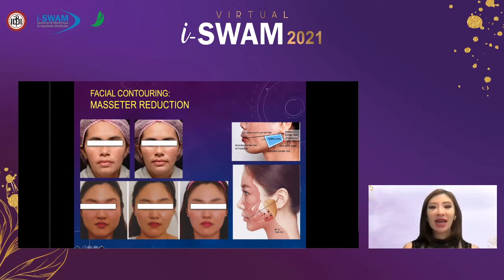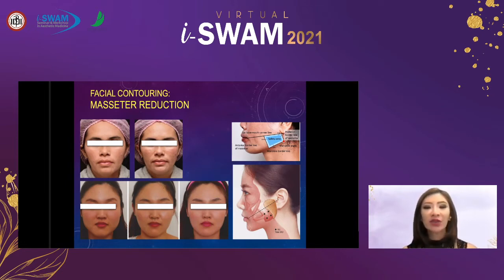What I'm going to show you first is this patient, and for confidential reasons, please do not record or take pictures, because these are patients from our clinic. For Masseter Reduction, the target is muscle hypertrophy. So we are going to reduce the muscle hypertrophy in these patients.